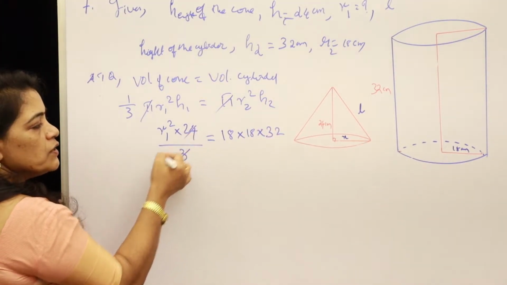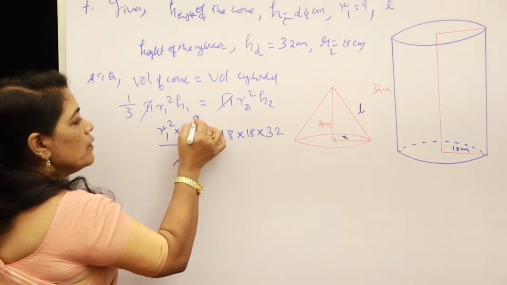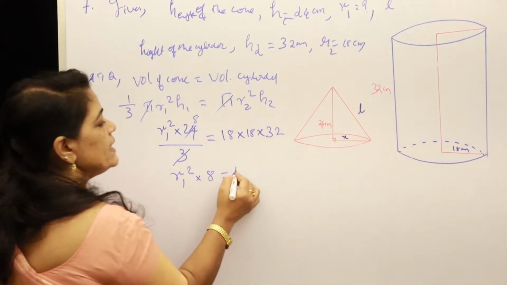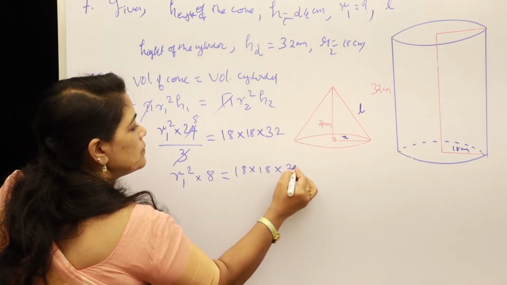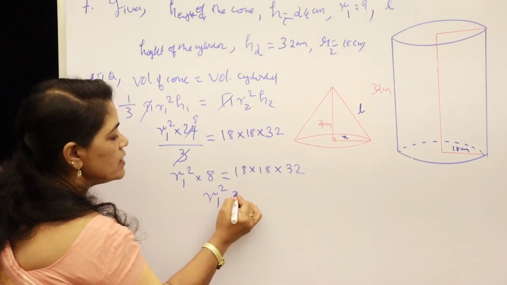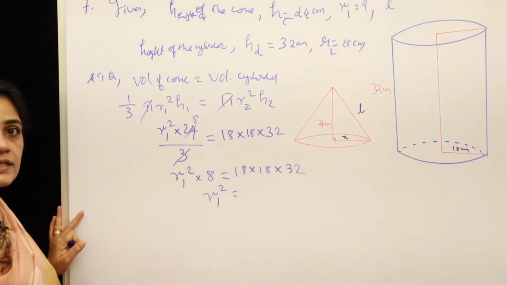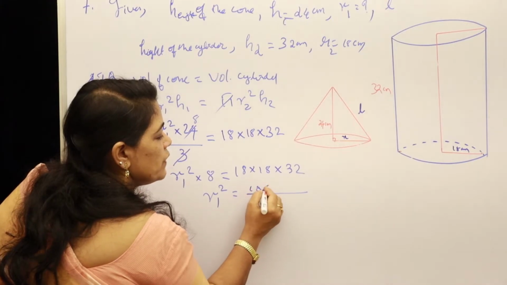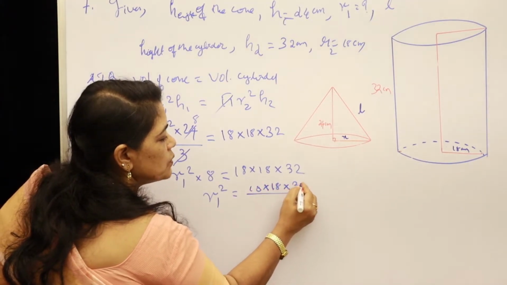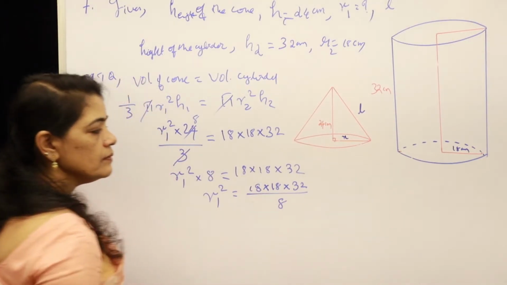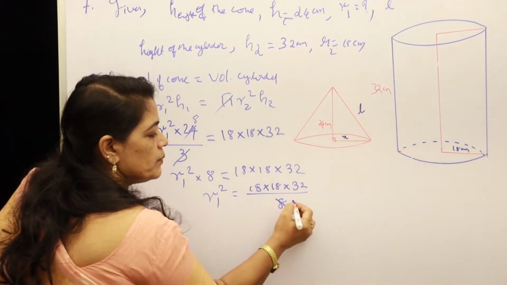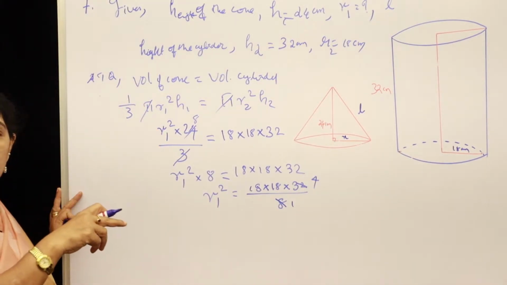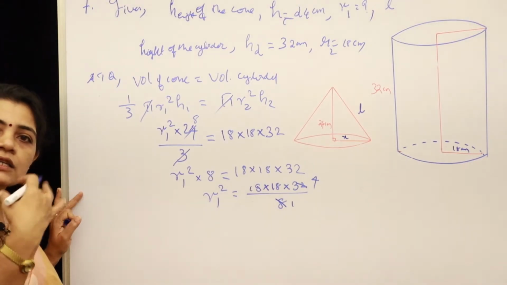See, in the LHS you can reduce 3 and 24, it is 8 multiple. So r1 square into 8 is equal to 18 into 18 into 32, and in the next step r1 square is 18 into 18 into 32 by 8. 8 and 32, multiple, so 4 times. In order to get the radius, since here it is r square, you have to take the square root on both sides.